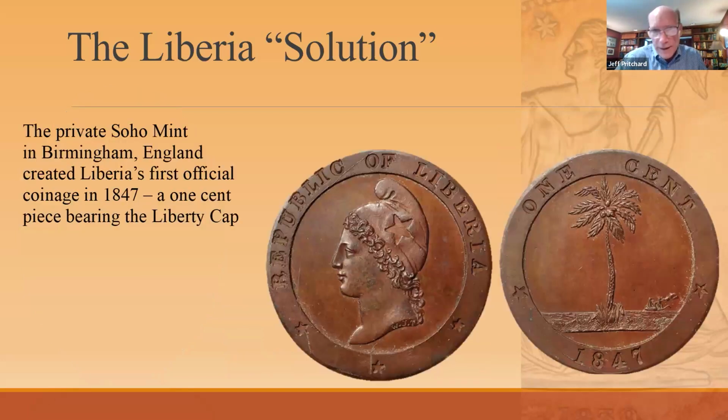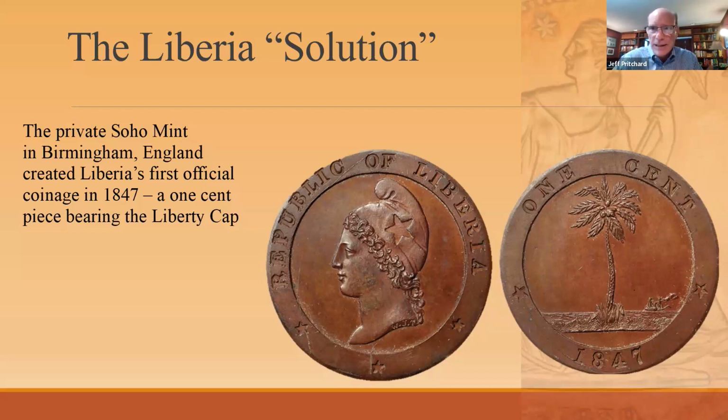Well, Liberia needed coinage. And so in 1847, they contracted with the private Soho Mint of Birmingham, England, to create this coinage. And this is the obverse and reverse of most of their denominations at the time. And this is an 1847 cent. You can see on the obverse, we've got Liberty wearing that Phrygian style Liberty cap.